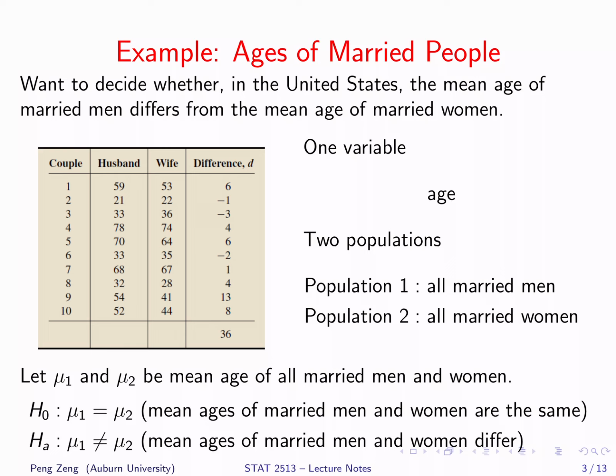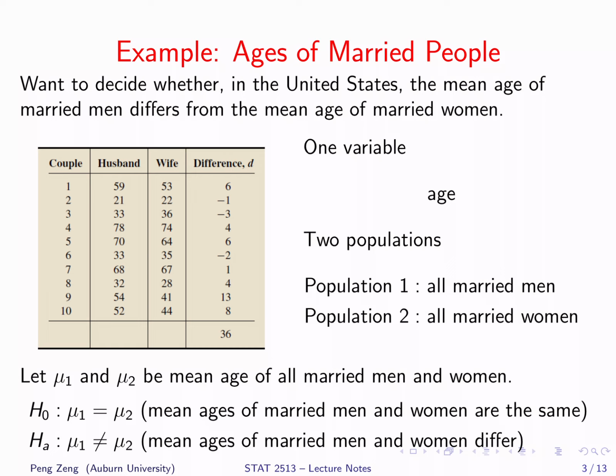Because we have paired samples now, we will use a different approach to calculate the test statistic and construct confidence intervals. Notice that the observations are paired, which motivates us to calculate the difference of values directly. In the table, we can see that we have 10 couples. The table lists the age of husbands and wives.